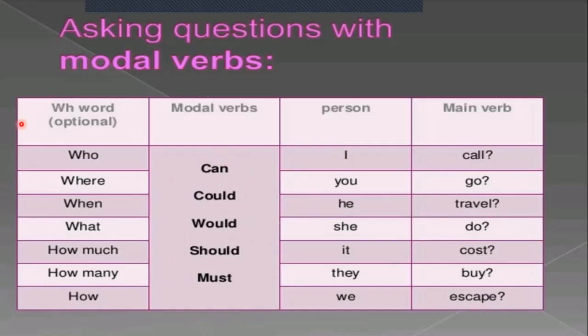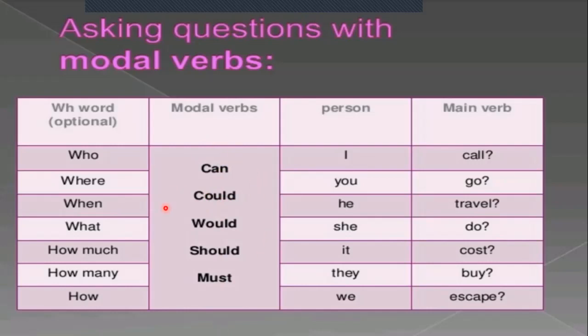To make a question with modal verbs, it consists of WH word plus modal verb, any of them. I can use can, could, would, should, must, and also with a subject. With can, I can use a singular or plural subject. Also with could, which is the past of can.